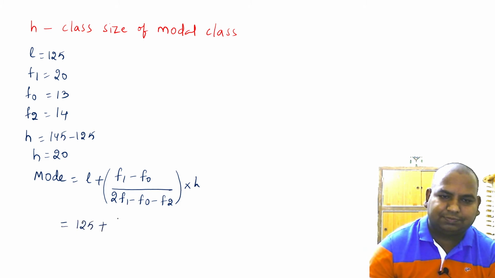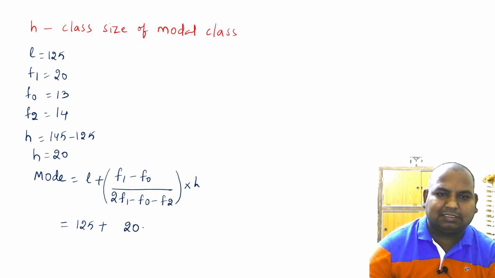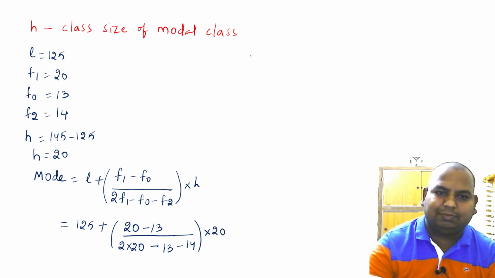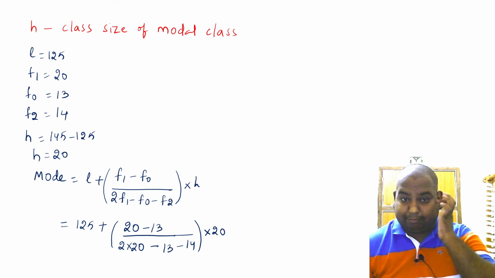What is F1? F1 is 20. What is F0? It's 13. What is 2F1? 2 into 20. What is F0? 13. What is F2? 14, into H. What is H here? H is 20. Got it. Now it's time to simplify further.